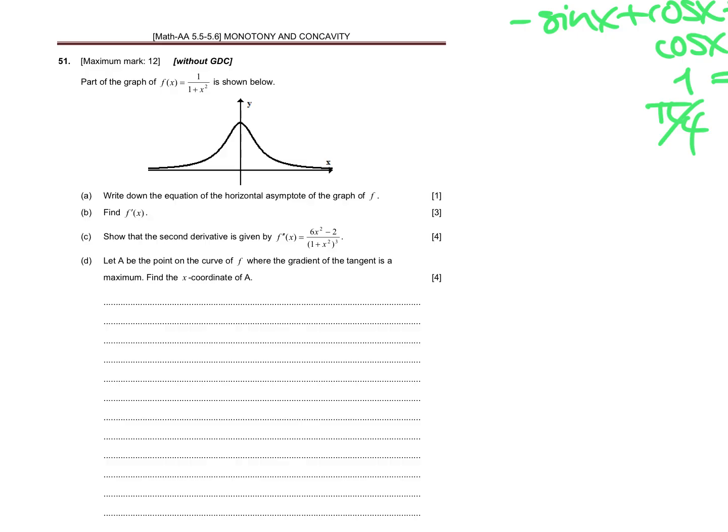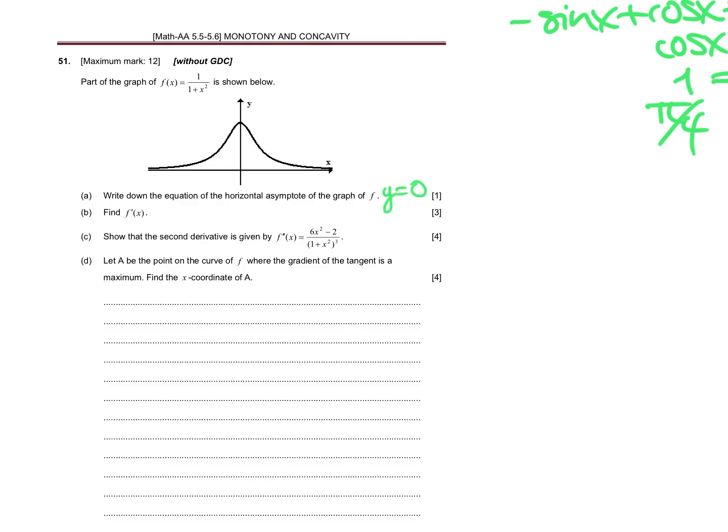51. Part of the graph of that is shown. Write down the equation of the horizontal asymptote. Horizontal asymptote. Because the denominator is also never 0, anyways, it's the smaller degree, x to the 0 over x squared, so it's going to be y equals 0.